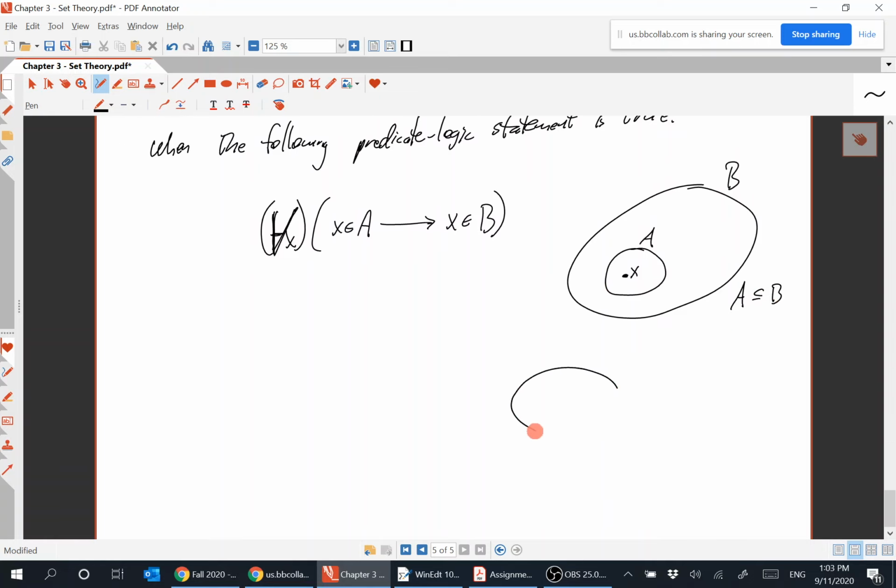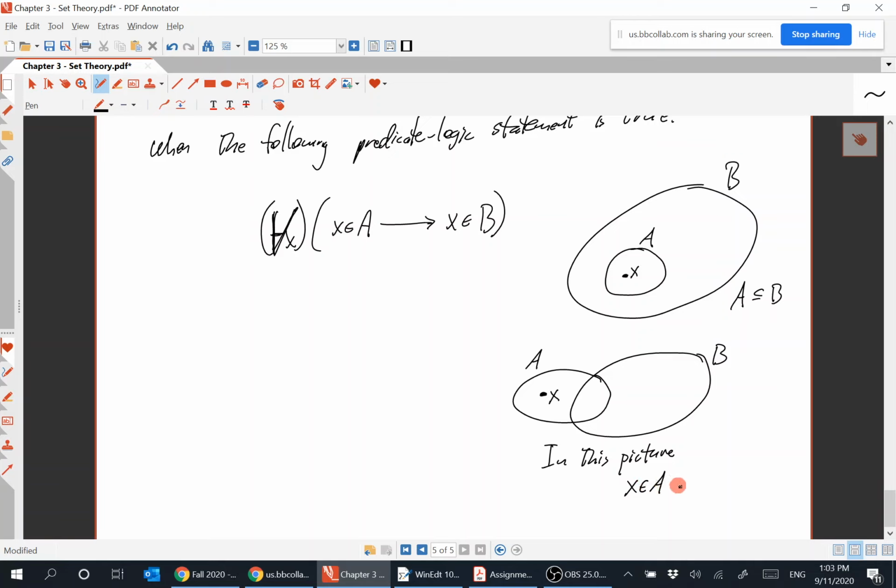If you had something like this, so this is set A and that's set B, and I got some element x right here. So in this picture, x is an element of A and x is not an element of B. Right?